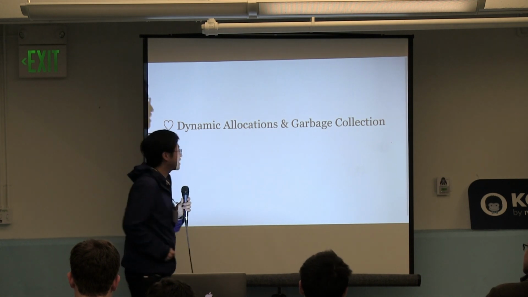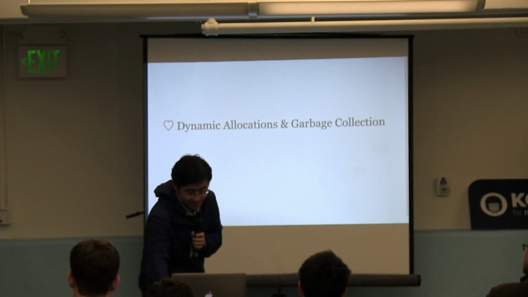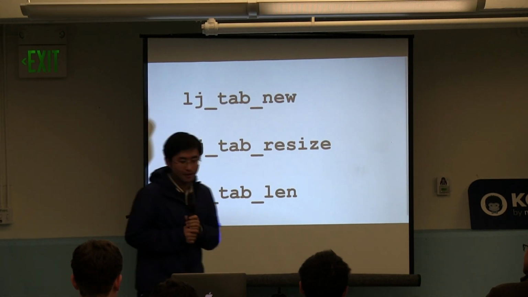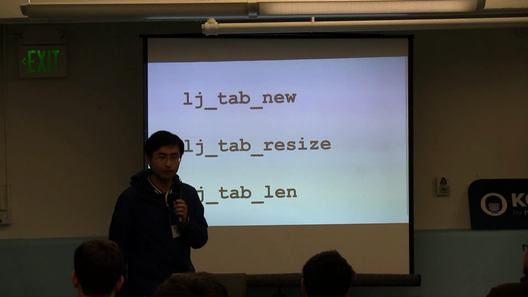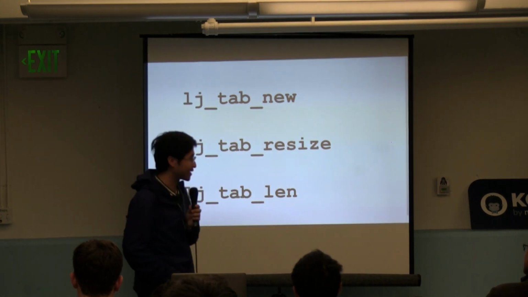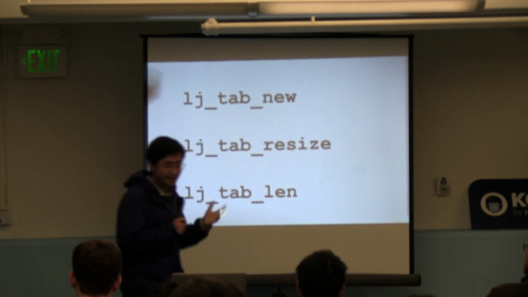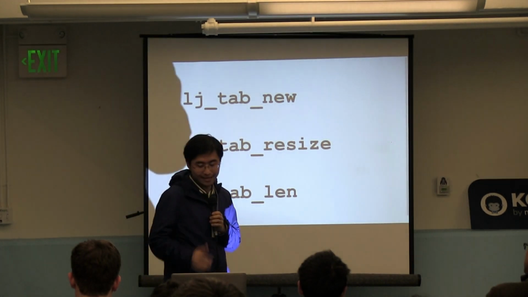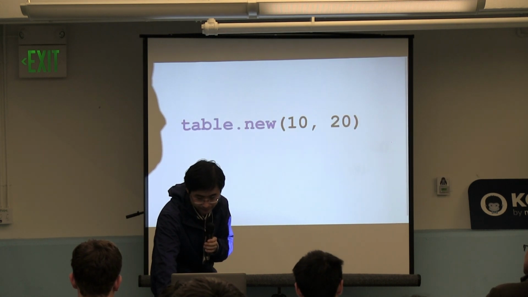And for dynamic applications, garbage collection can also be a bottleneck, especially in Lua land. So for Lua tables, these LuaJIT primitives can often show up in your flame graphs, especially on CPU flame graphs. So lj_tab_new is for creating a new table. Resize is when LuaJIT has to resize the table. And lj_tab_len is for calculating the length of an array-like table.